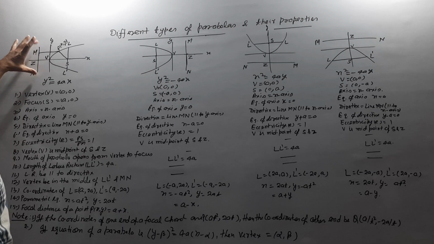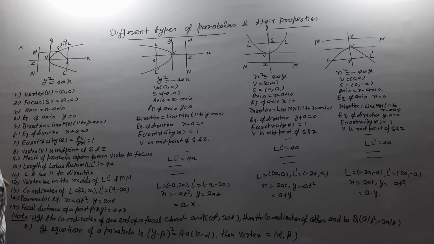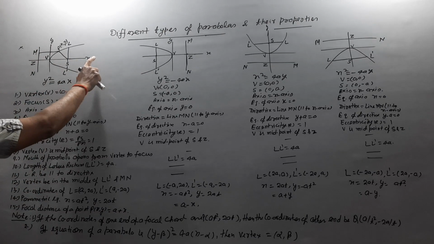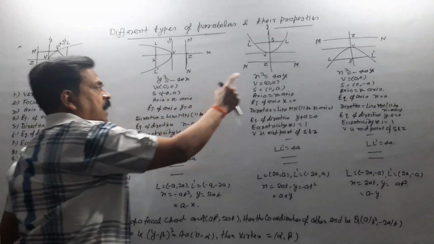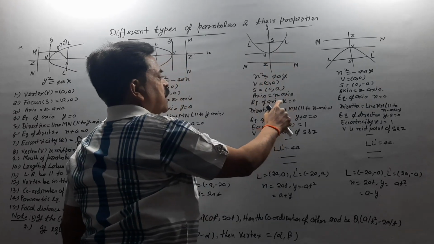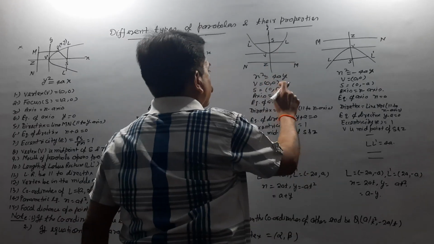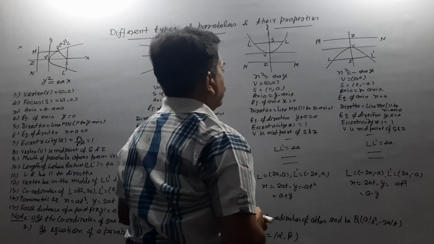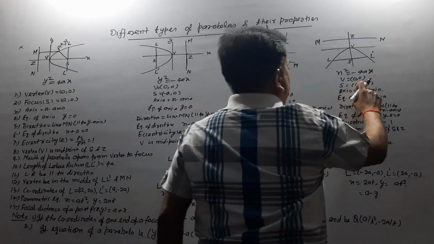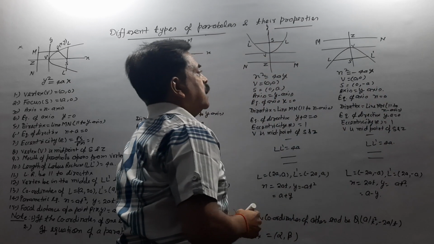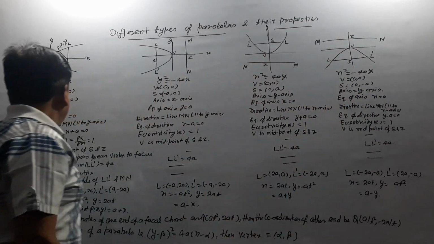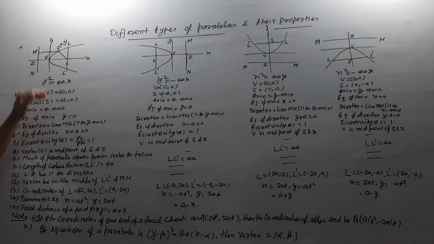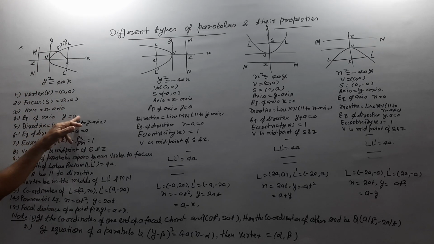This line is the directrix, so this line is the axis. The axis of this parabola is the x-axis. The axis of this parabola is the same, the x-axis. The axis of this parabola is the y-axis, and similarly in this parabola the axis is the y-axis. The equation of the axis for this parabola is y equals 0, as we know the equation of the x-axis is y equals 0.